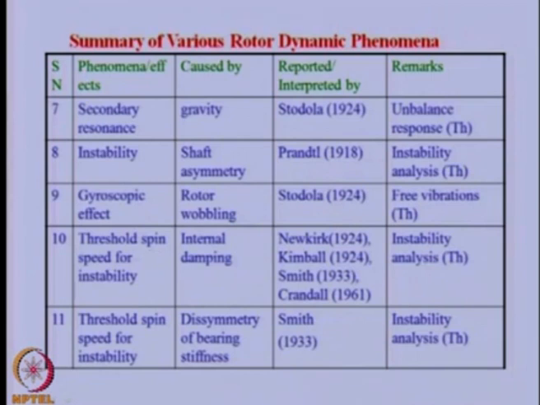Threshold speed, the spin speed for instability due to internal damping, was described by Newkirk, Campbell and others. Threshold speed for instability due to dissymmetry of bearing stiffness was described by Smith in 1933.